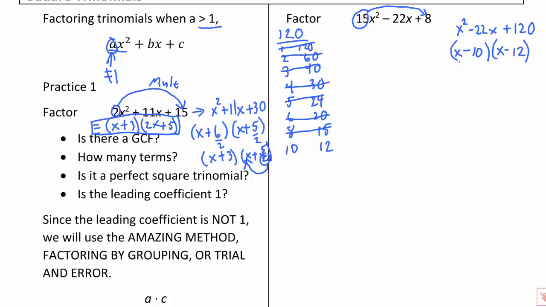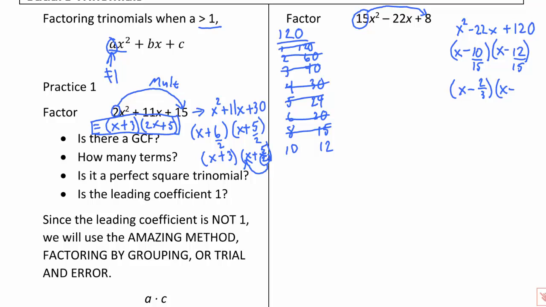Okay, now, this is only the factorization to this problem. It is not the factorization to the original. But notice that to get this last term of 120, I multiplied it by 15, so I'm going to divide both of these by 15 and simplify. So 10 divided by 15, divide them both by 5, gives me 2/3.